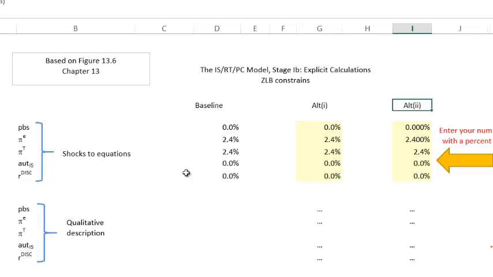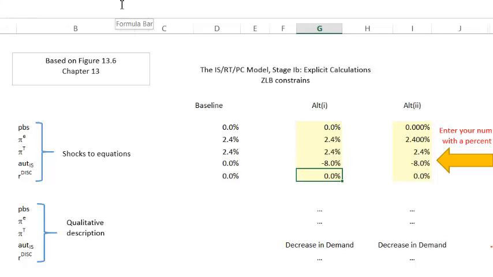But it turns out that our country is facing something a little bit closer to what we're going to think of as alternative scenario 1, and the main thing is that it is facing a severe drop in expenditures.